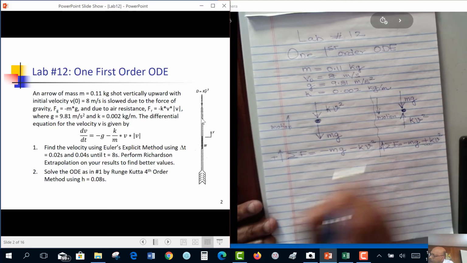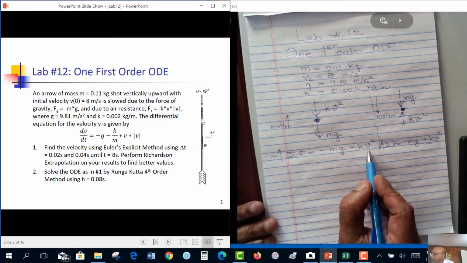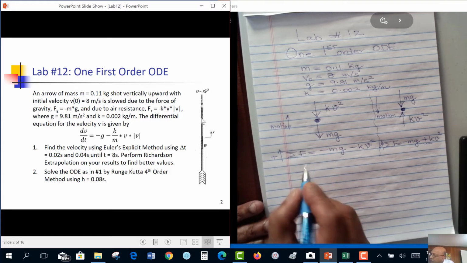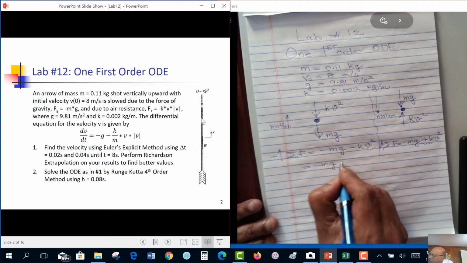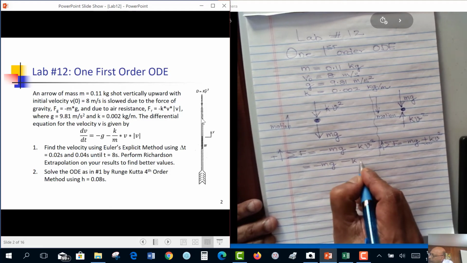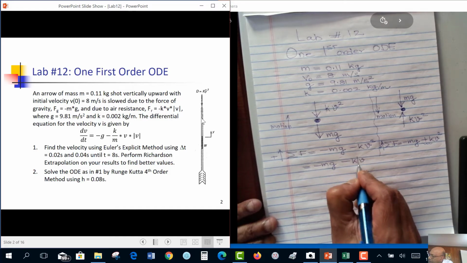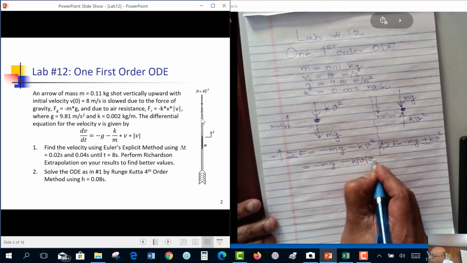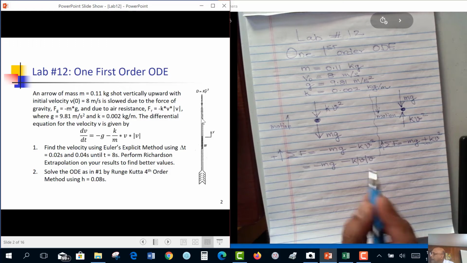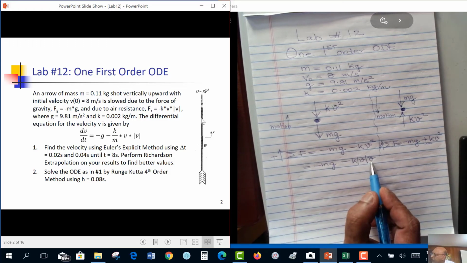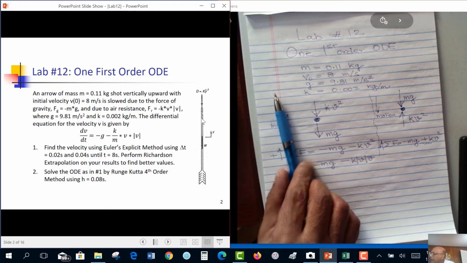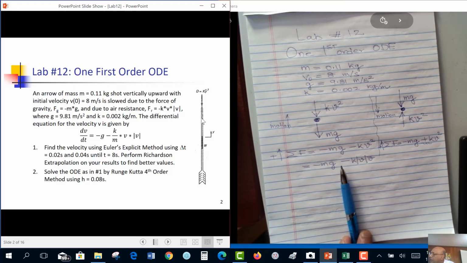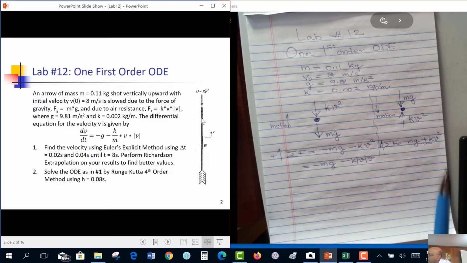To account for this, we notice that the force always opposes the velocity. So we can write this equation as minus mg minus k times absolute v times v. Notice when the velocity is positive upward, our force will come out to be negative.